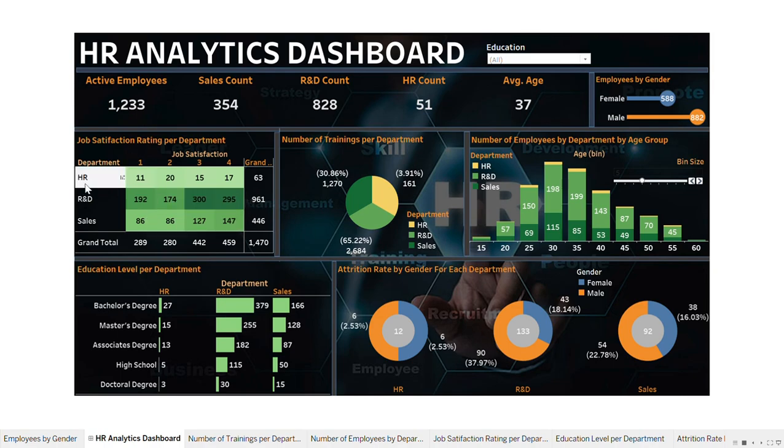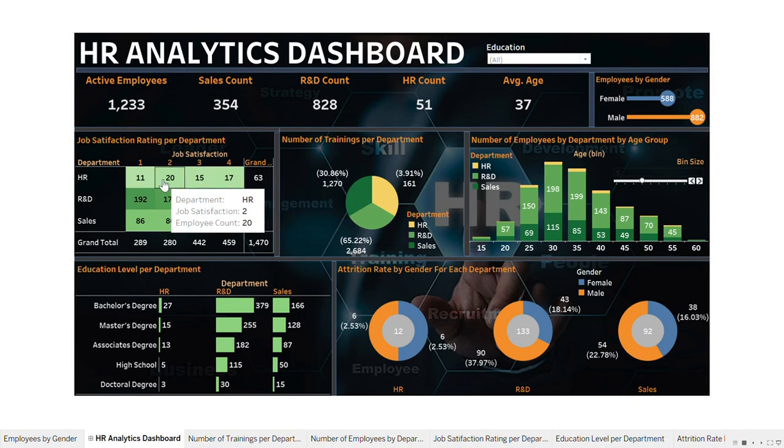And they are grouped per department. So meaning in the HR department, you find that 11 people are less satisfied, while 4 people are very satisfied, and the middle people are also here, 20 and 15, giving a total of 63.